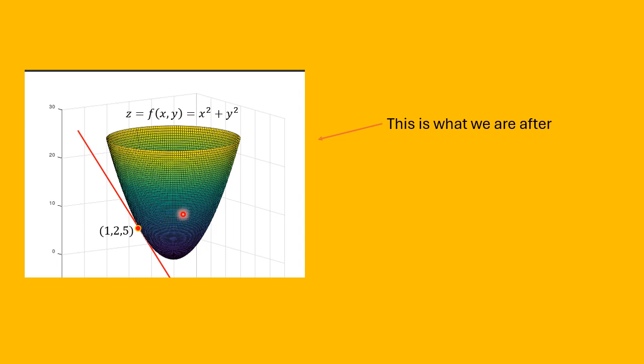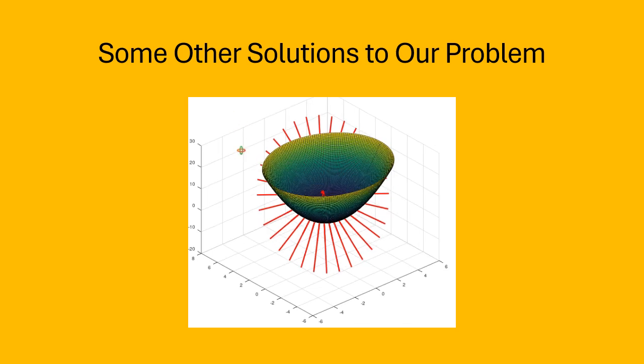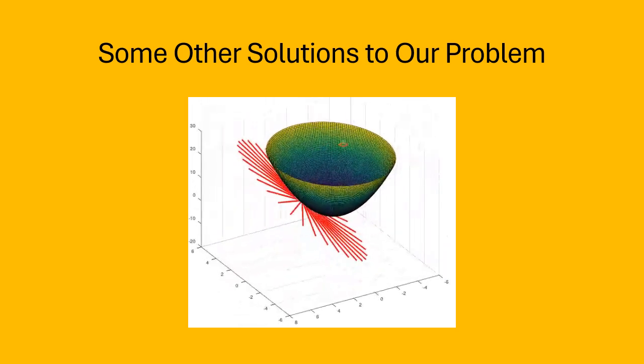Now, it turns out that there are many different answers to the question, find a tangent line to this surface at this point. Here is that same paraboloid, and you can see some lines emanating from somewhere on the other side of that paraboloid. Let's turn this paraboloid around to see what's going on.